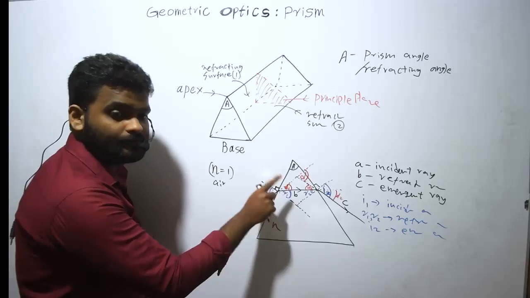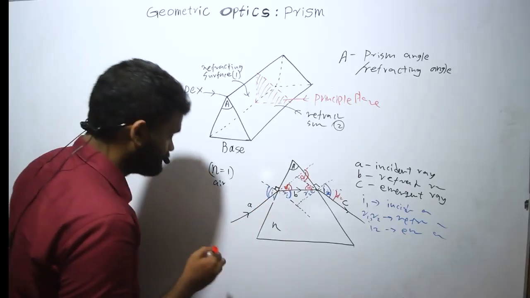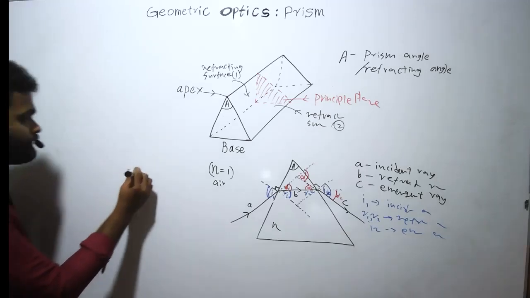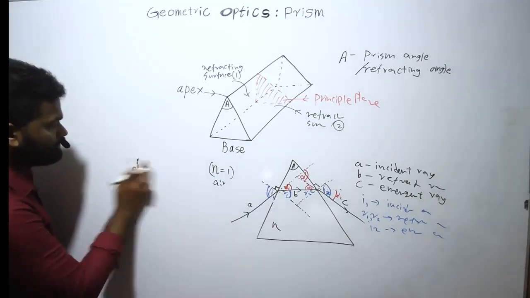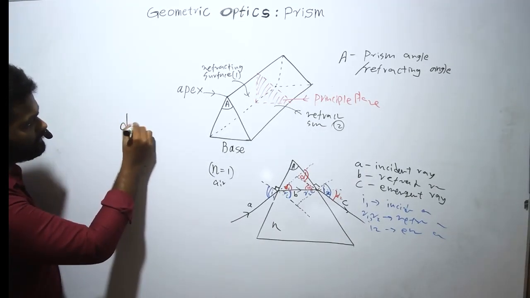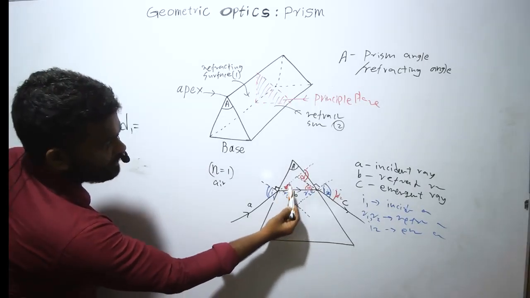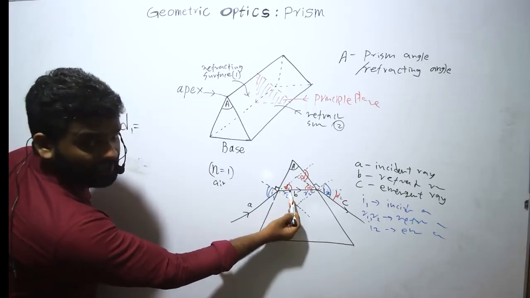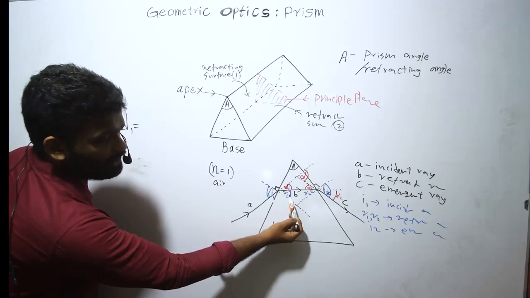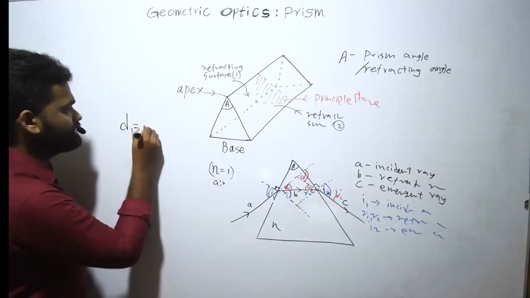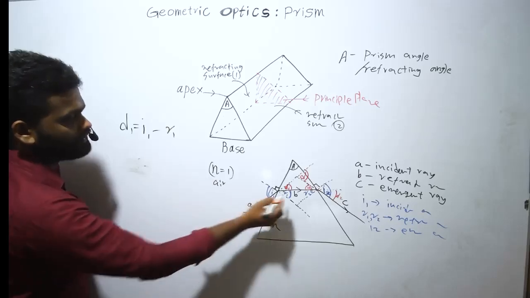Here, for D1, we can write this equation, right? What is D1? So this whole angle is I1. If you subtract R1 from I1, then you can get D1. So D1 is I1 minus R1.